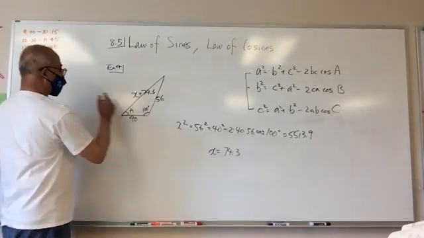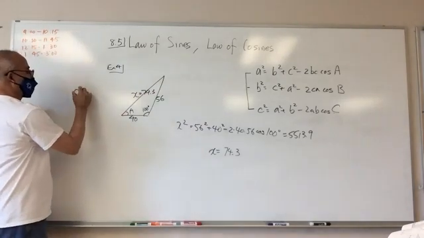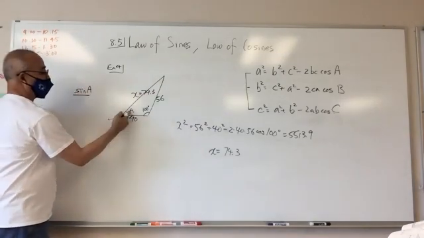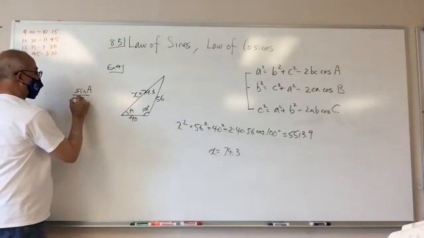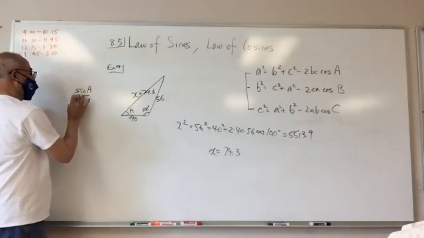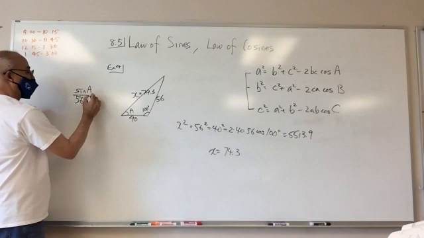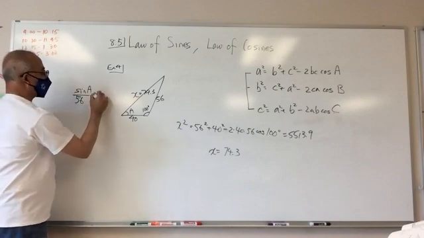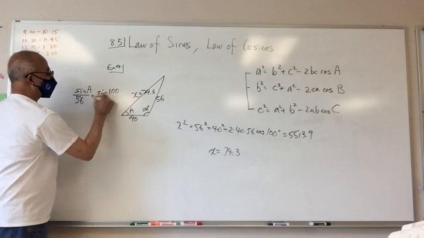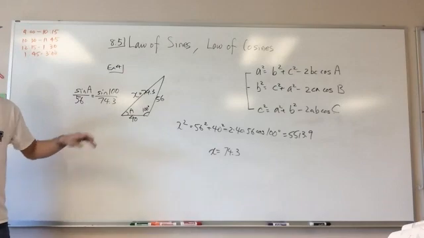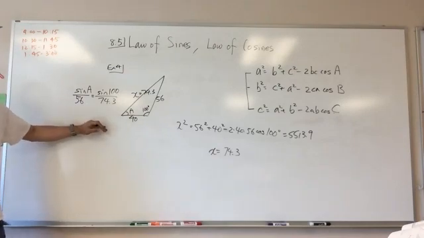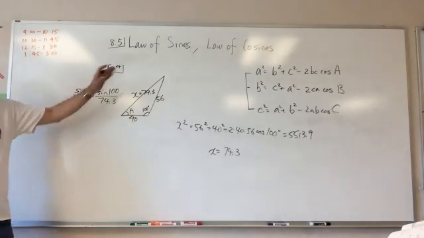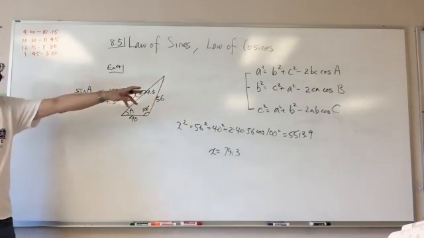So I have sine of A over 56 is going to be equal to sine of 100 divided by 74.3. This is much easier, correct, than using the cosine again on a different angle.